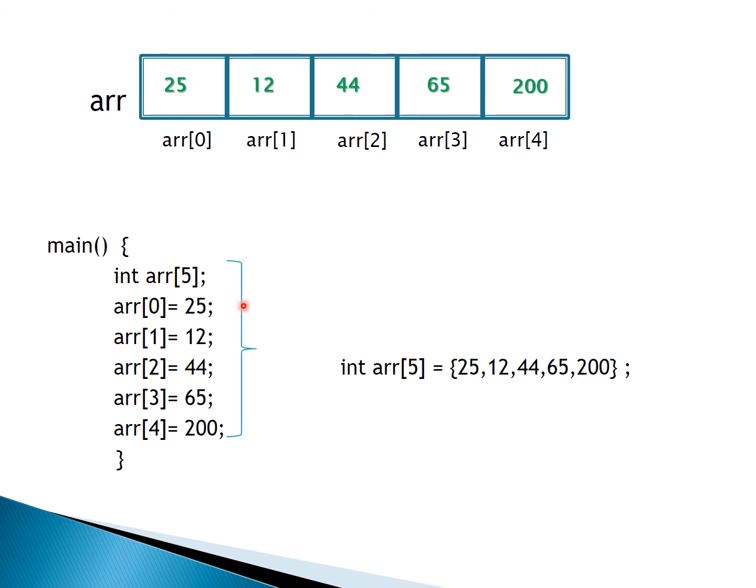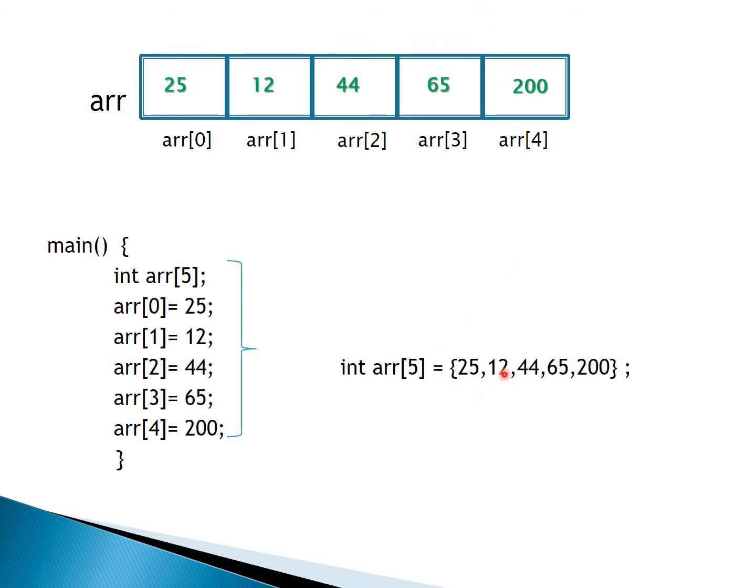So that's another way to assign values to array elements. We can write this statement instead of these, because in this case we are assigning values to individual elements, a value to the second, third, and so on. But actually this is done by the compiler, and the compiler will assign the first value to the first element, second value to the second element, third to the third, fourth to the fourth, and fifth to the last element.